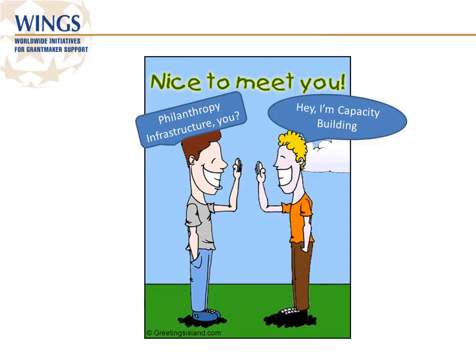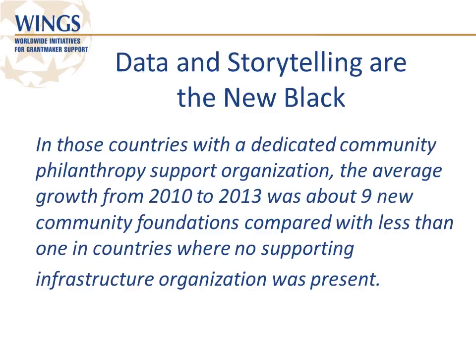But, of course, where there is a will, there's a way. And two things that help measuring impact are, of course, good data and storytelling. For instance, using data we have collected for over a decade now on community philanthropy, we could find a correlation between the presence of community philanthropy support organizations in a country and the growth of community foundations in the same country.